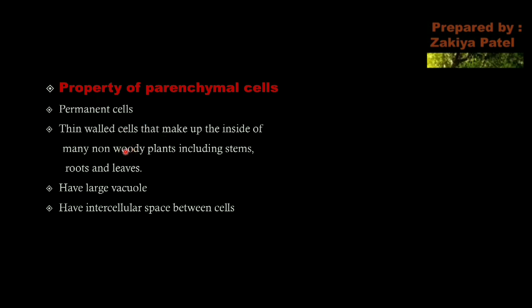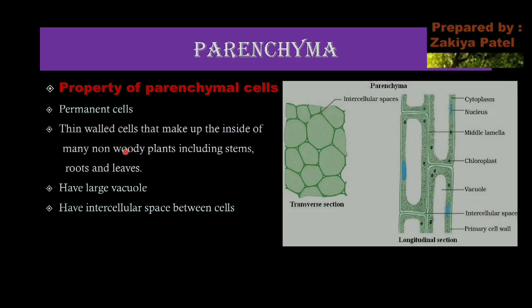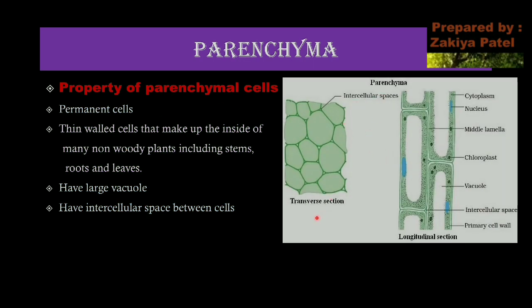you can see here in the figure parenchymal cells. This is a transverse section of parenchymal cells, where the cell wall is very thin. The cell wall of the parenchymal cell is very thin. The second main property is they have a large vacuole. You can see here in this figure the empty space present inside the cell is called a vacuole.